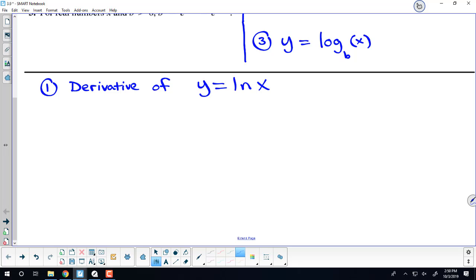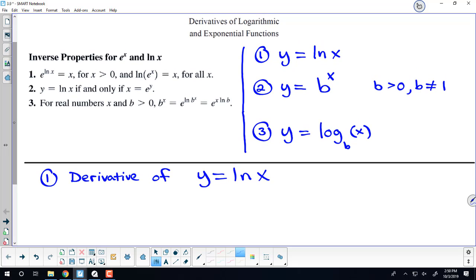If y is the natural log of x, then x is equal to, any one of those three help? Yeah, the second one, right? If y is the natural log of x, if and only if x is equal to e to the y. Remember, that's just the definition of a logarithm.